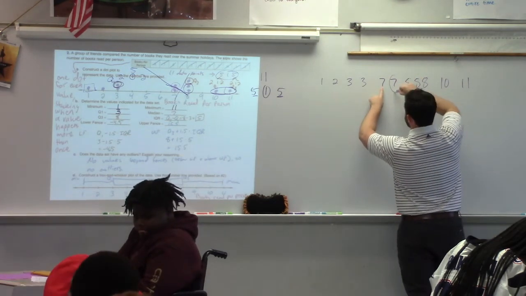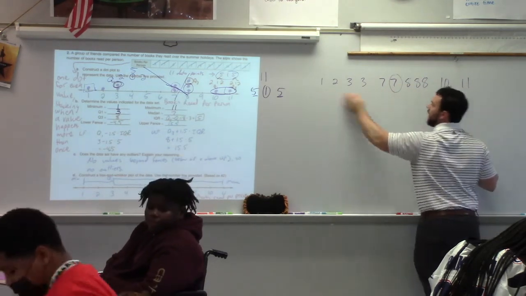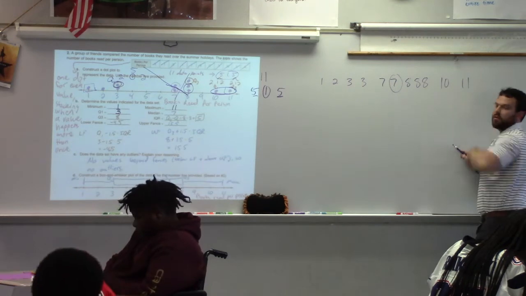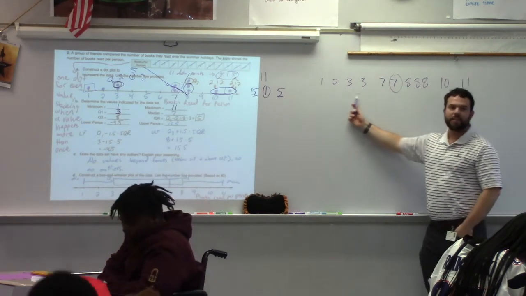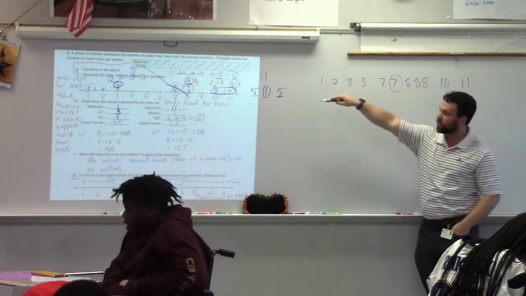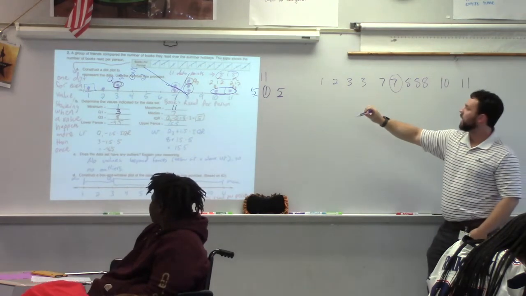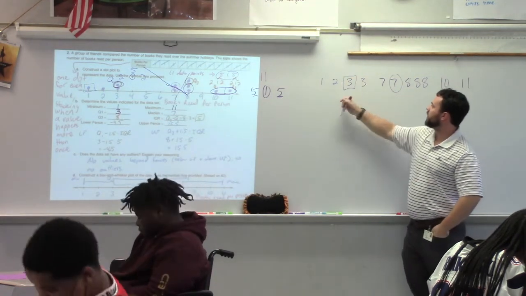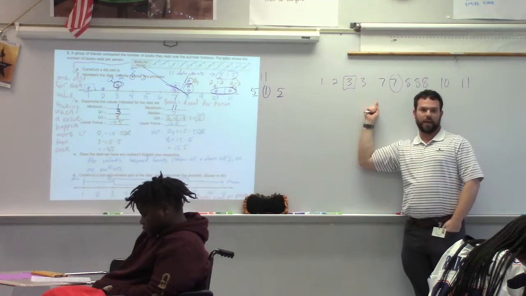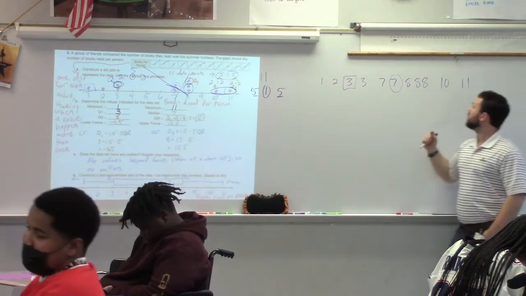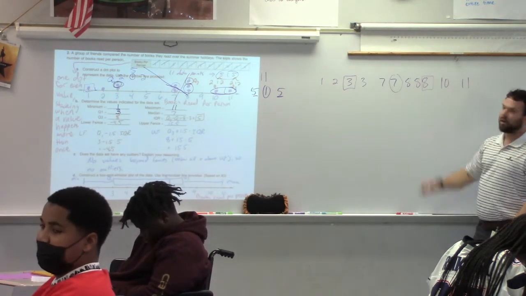You see how that 7 splits that half versus this half? See how that 7 now is in the bottom half. And that's what I was just doing on the dot plot. And if you like this better, notice there's the middle of the bottom half. And here's the middle of the top half.